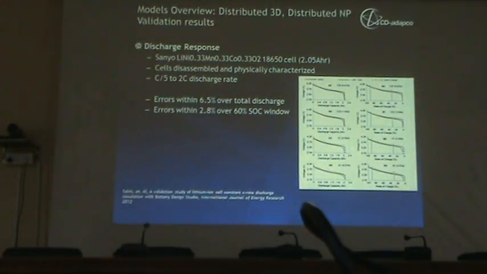This is again for different C rates. We try to match with experimental or lab data. We observed that the error is within 6.5% of total discharge. Again, this is published material by us.